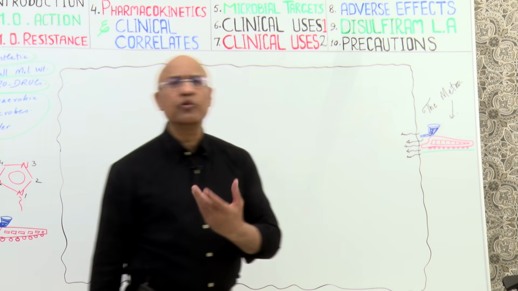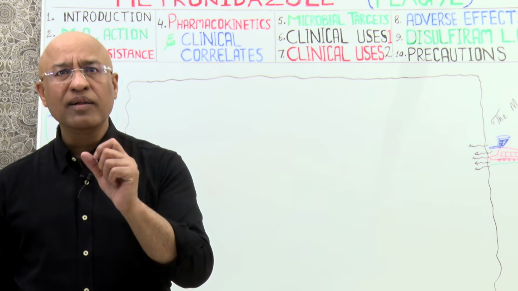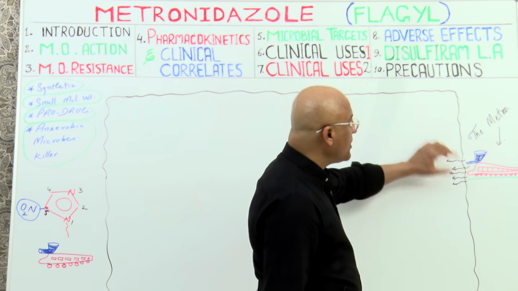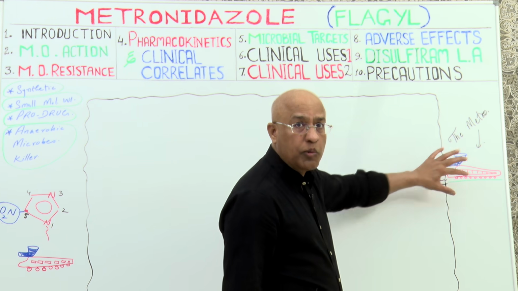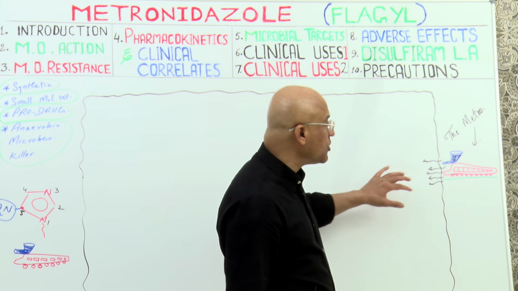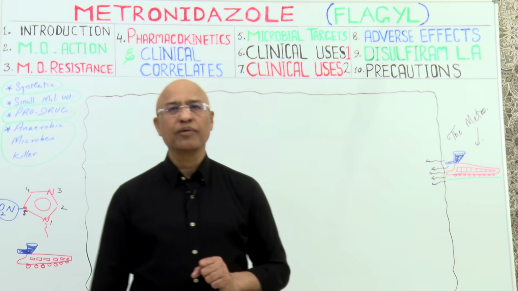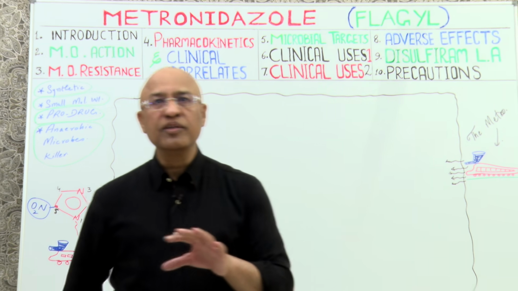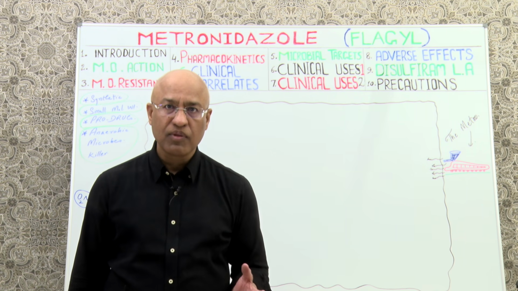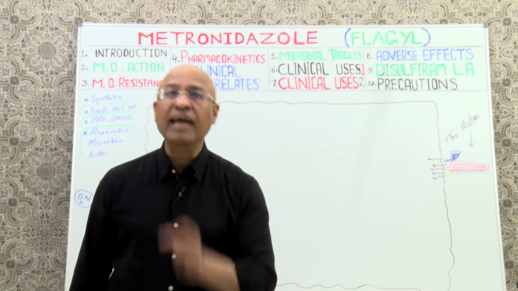Why does it enter into all cells? Same thing I told you, that it has a very small molecular weight. So it very easily dissolves into cell membranes and passes through them, and from the extracellular environment, metronidazole enters the intracellular environment. But there is a very important thing. Once it enters inside the cell, maybe a bacterial cell or human cell or any kind of cell, it is not dangerous until it is activated.